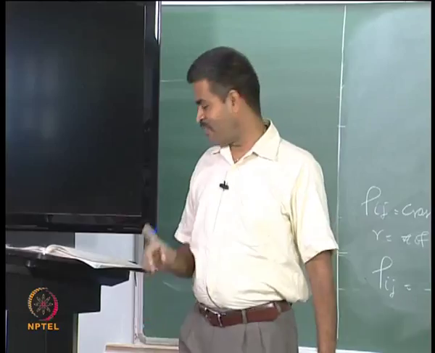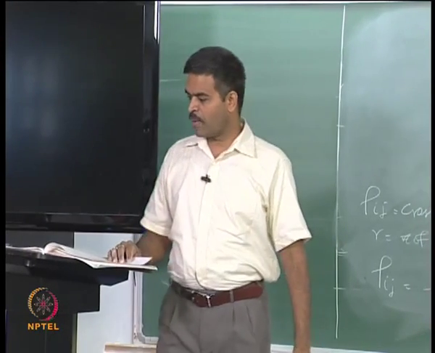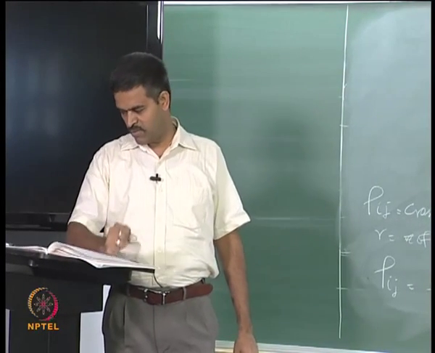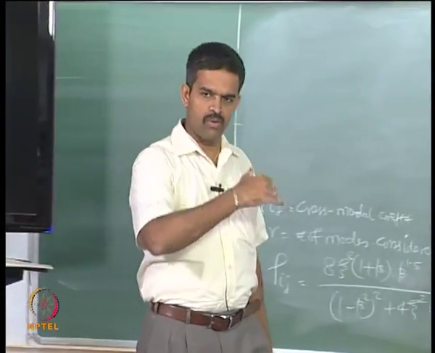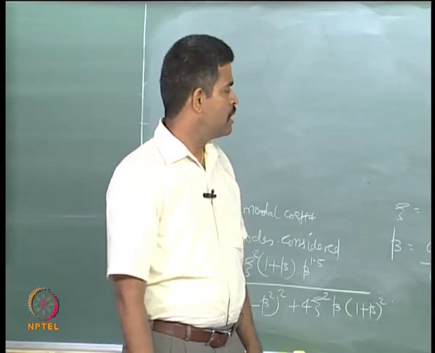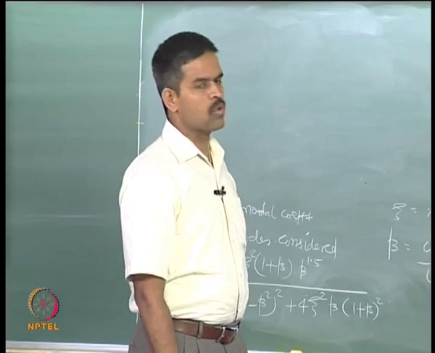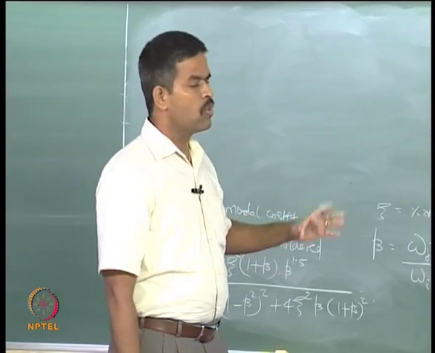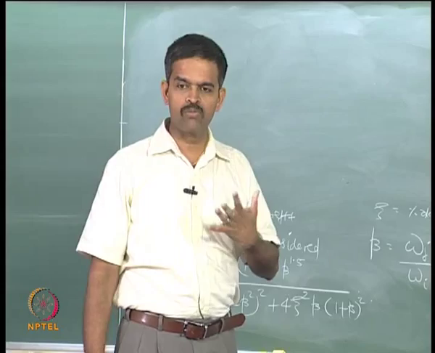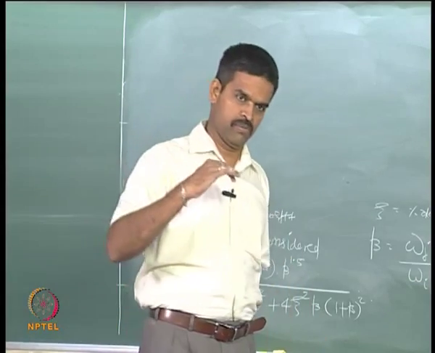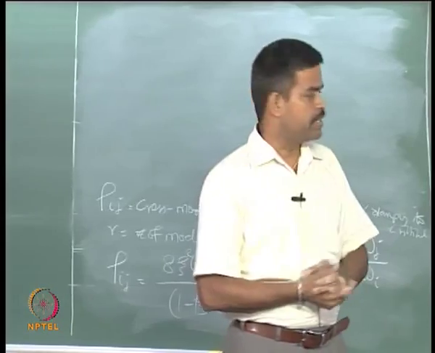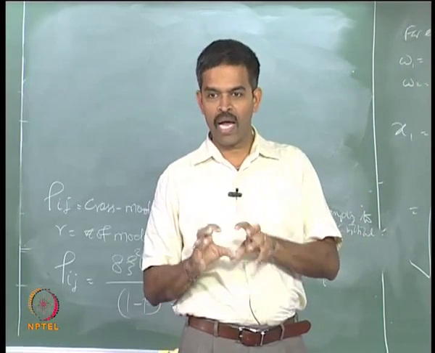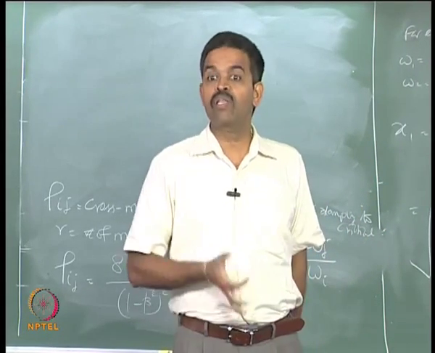So one more class I will have tomorrow, where I will talk about the Duhamel integral, which we have not discussed. There was a question asked during the lecture of modules 1 and 2: if you do iterations, for example the Stodola iterative scheme, why does my iteration converge to the first mode first, and why not the higher modes? Why am I always getting the lowest natural frequency omega n, why not the highest mode?